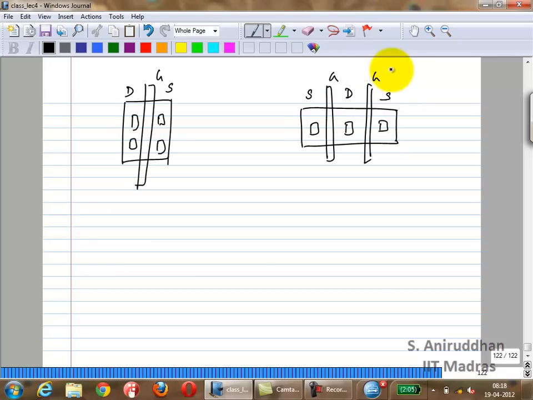These are your multi-finger transistors. Let us say I take the same transistor but split it into two fingers, each of half the width.